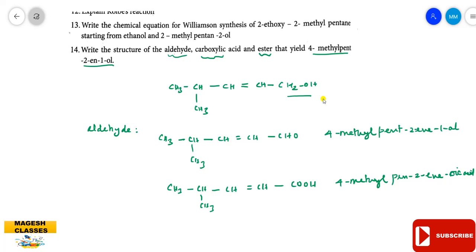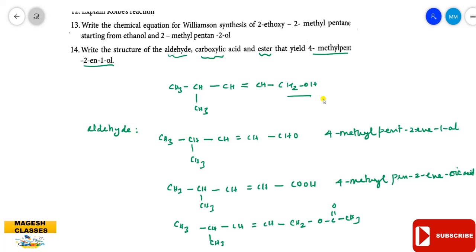And ester. Ester means the alkyl part is connected to the acid. So this alcohol is linked to the acid to form the ester. For example, acetic acid is connected. You get the product CH3, CH, double bond CH, and instead of this alcohol, the acid part is added.